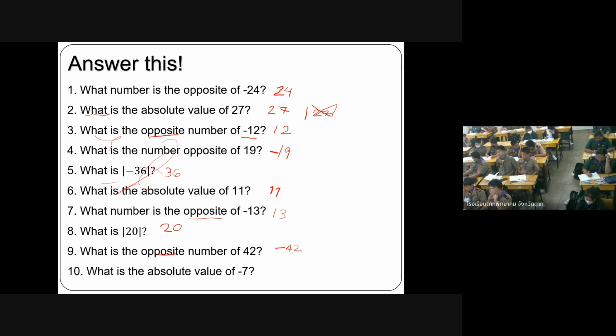And number 10. What is the absolute value of negative 7? The answer is 7. Again, the answer should be 7 if you wrote the absolute value form. Okay? I'll get the score.